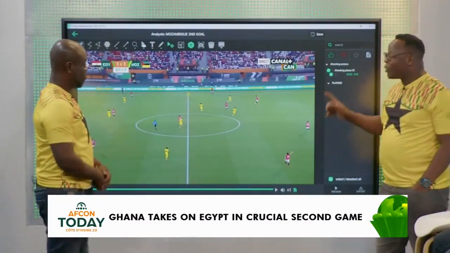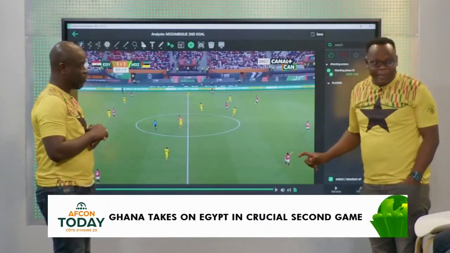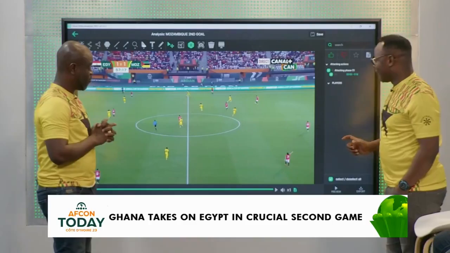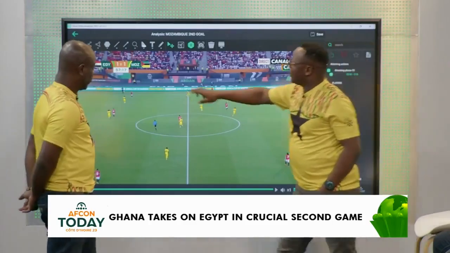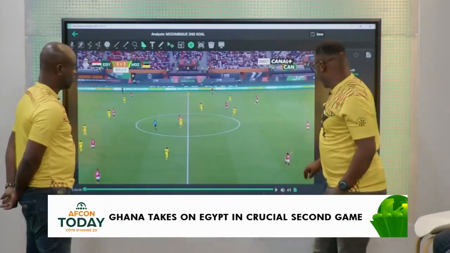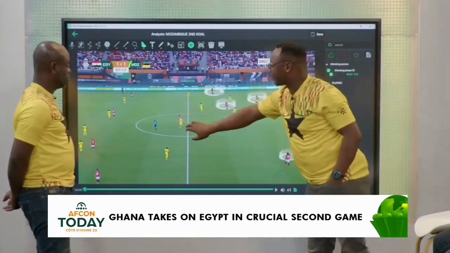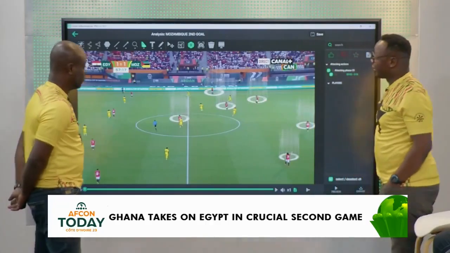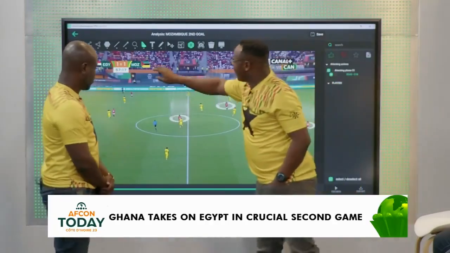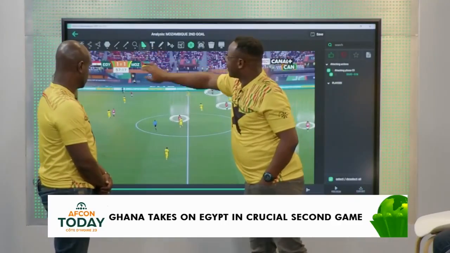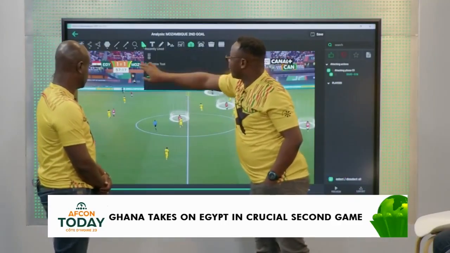And yet, Mozambique are matching them for numbers in Egypt's own half. Look at the number of Egyptian players that you have in their defensive third: 1, 2, 3, 4, 5, 6. And look at the number of Mozambican players. It's exactly the same.